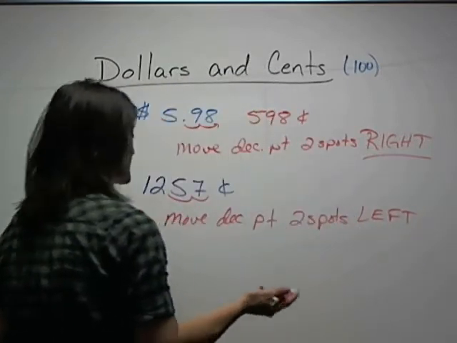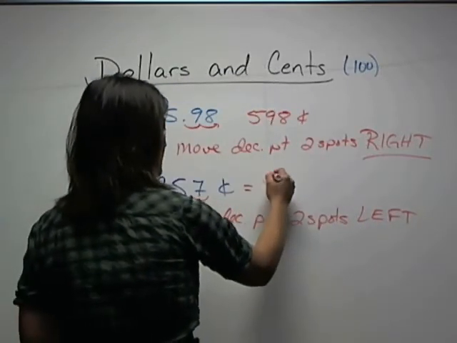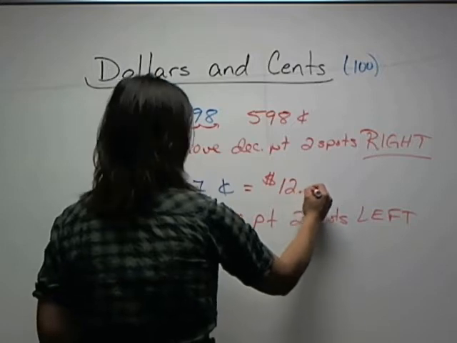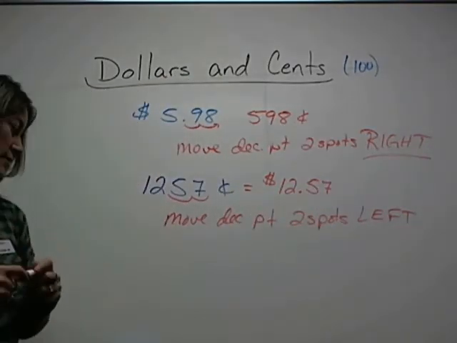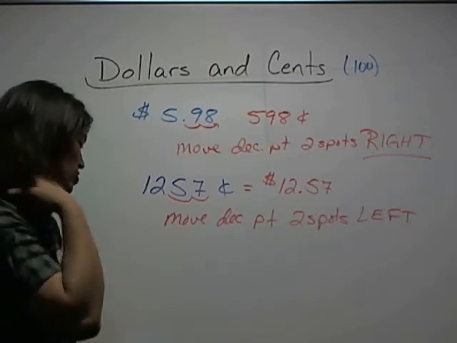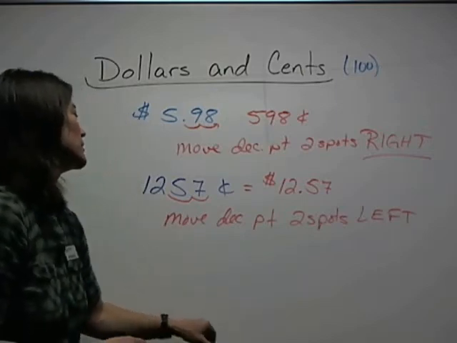So to go from cents to dollars, we go to the left. And we put our dollar symbol in the front. So that'd be $12.57.